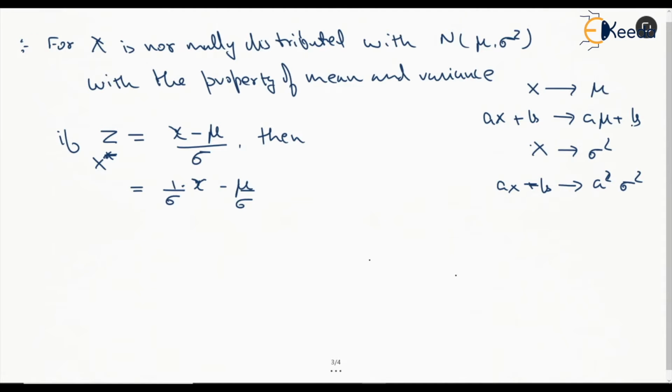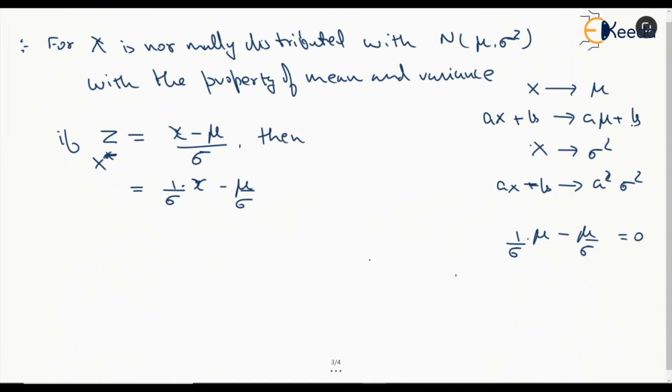So with the original mean being mu, the new mean is going to be 1 by sigma into mu plus b, where b is minus mu by sigma. So this is going to be 0.